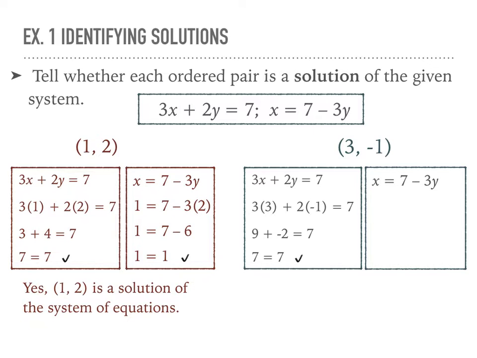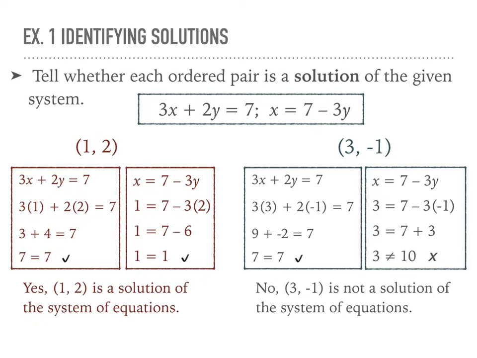But when I plug this point into the second function, I do not get a true statement. In order for an ordered pair to be a solution, it has to lie on both lines. Therefore, (3, -1) is not a solution of the system of equations.